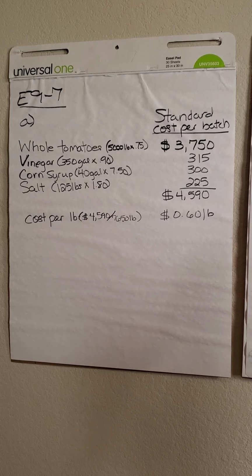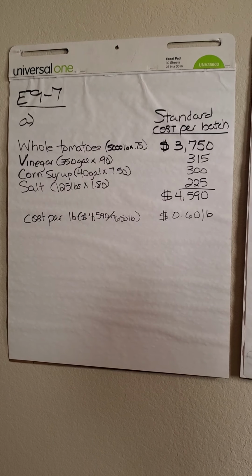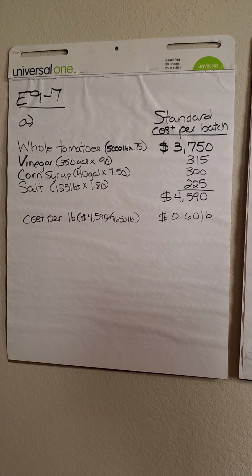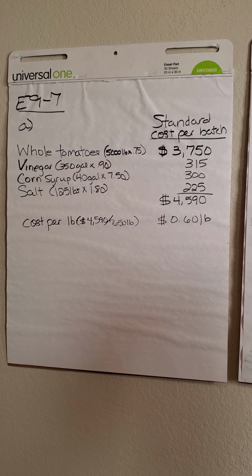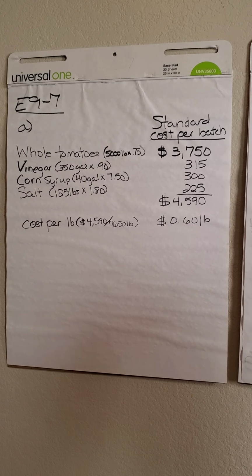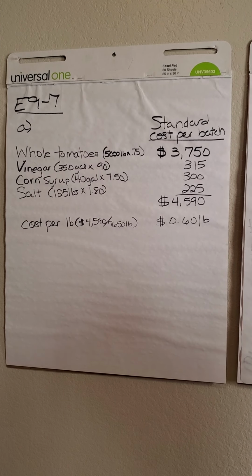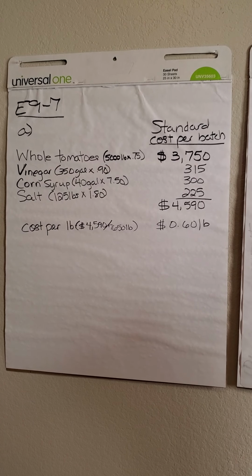All right, so that means what we have to calculate out right now is the actual cost for the batch. And so remember, they gave us that information as well earlier. And so we're going to calculate it out. We're going to calculate using the actual quantity times the standard price because we're doing a direct materials variance here.